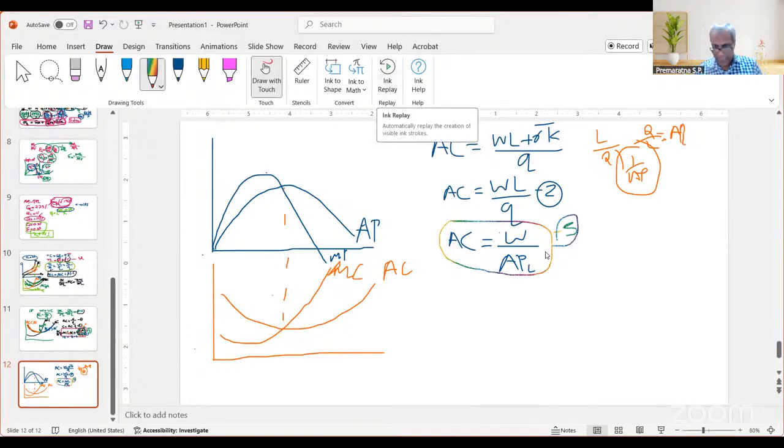Now the wage rate is given, so that is a given value. Now look at here.